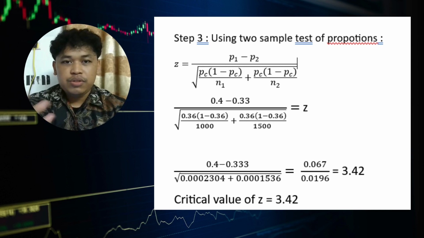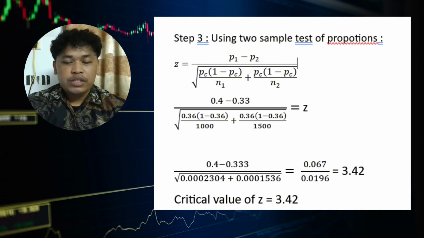For step 3, using the two-sample test of proportion, we are going to find the Z value. The formula is P1 minus P2 divided by the square root of PC multiplied by 1 minus PC divided by N1, plus PC multiplied by 1 minus PC divided by N2.